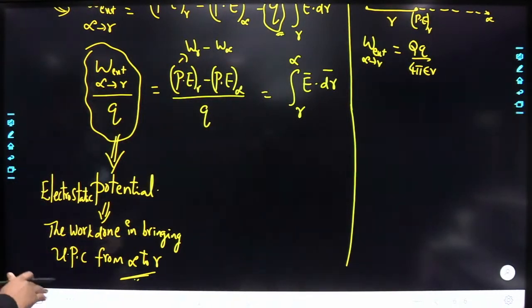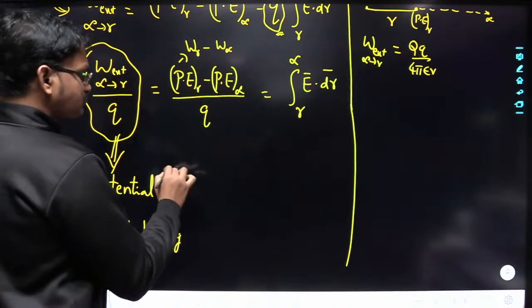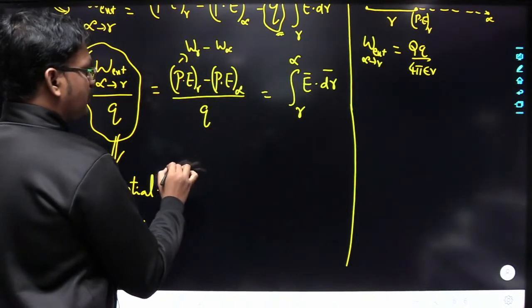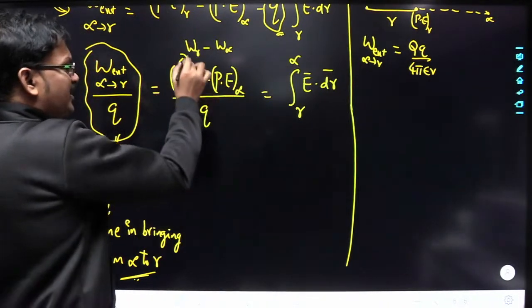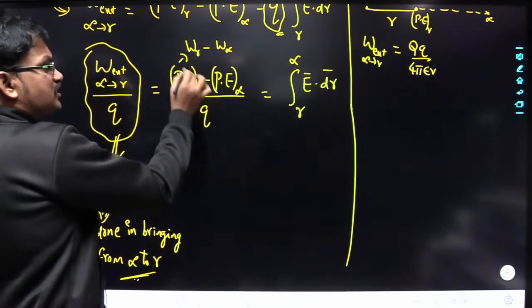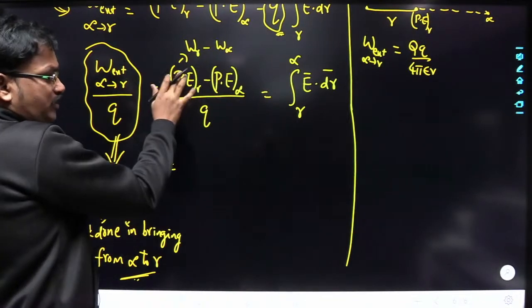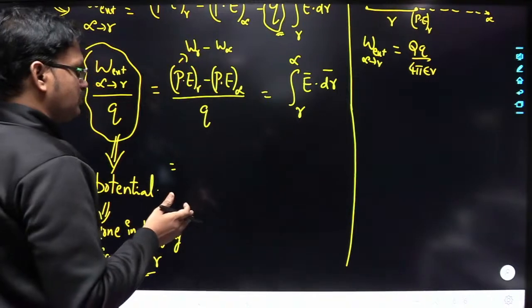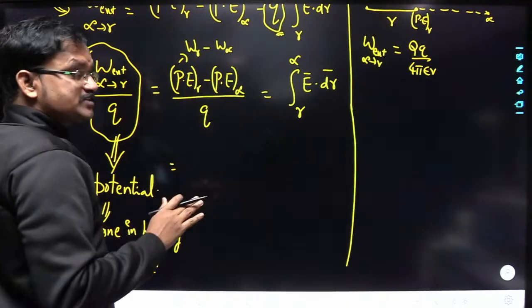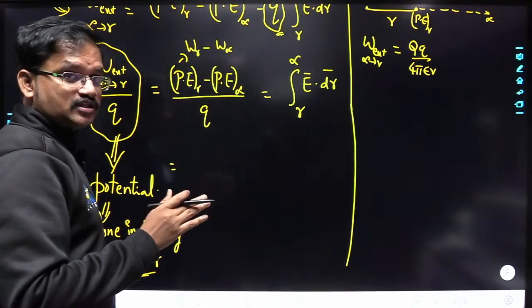Okay. So now this is equivalent to the potential energy per unit charge. Potential energy per unit charge is nothing but potential.